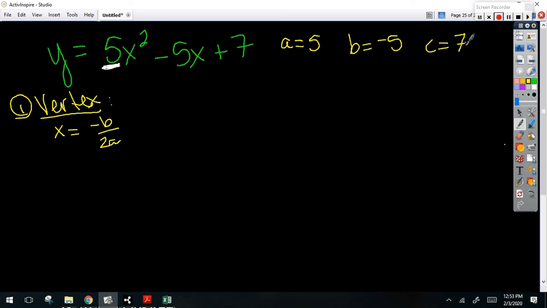So what is opposite B? 5 over 2 times, what is A? 5. So 5 over 10 is the same thing as 1/2, right? Now here's what you have to understand that this means. This means I'm on my graph.